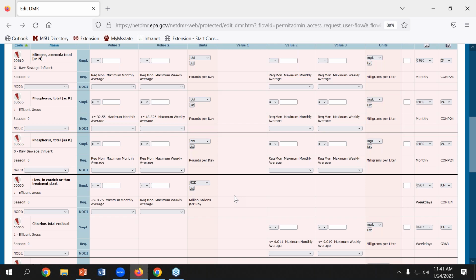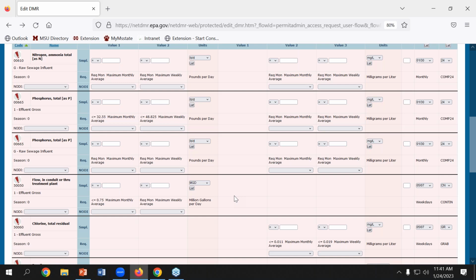All of the other loading requirements are listed in pounds per day, and all of the quality or concentration requirements are in milligrams per liter. So keep that in mind.